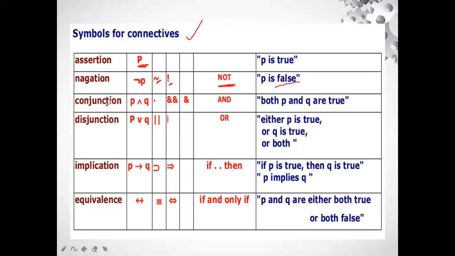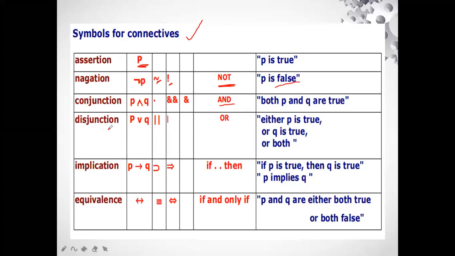Okay. Next one is conjunction. Conjunction works in the same way as and. We denote it with the help of this symbol, so it is like P and Q, or P conjunction Q. Both P and Q are true.